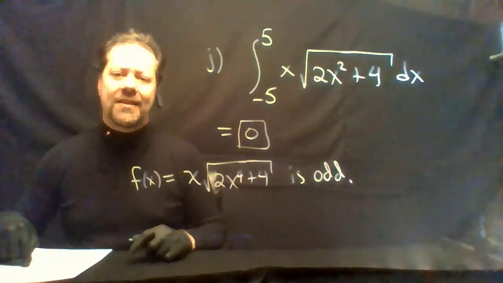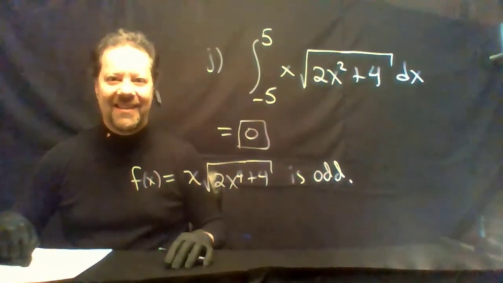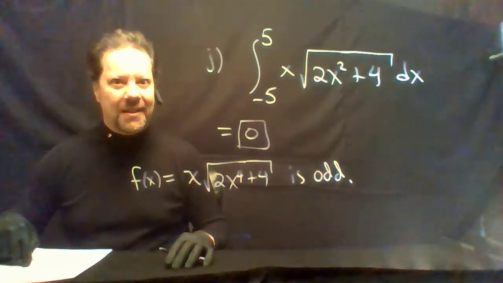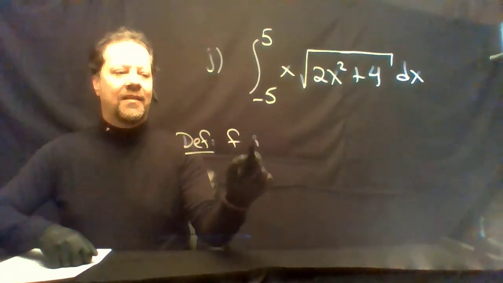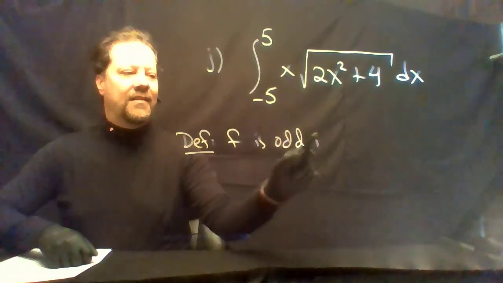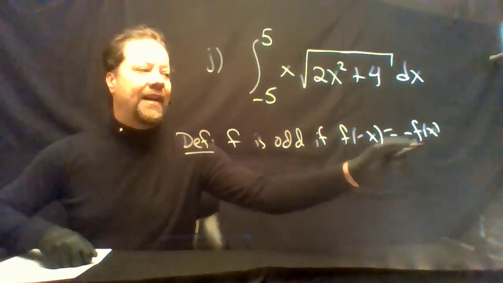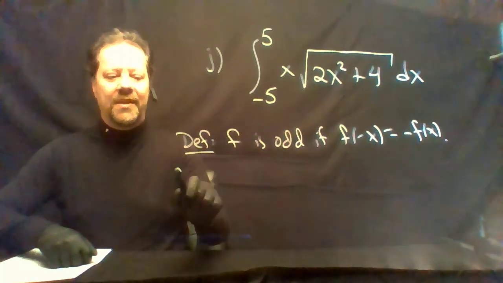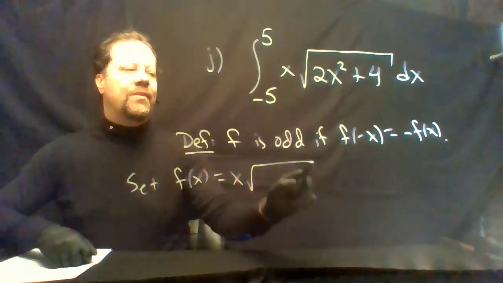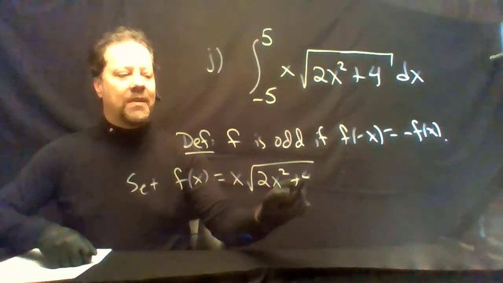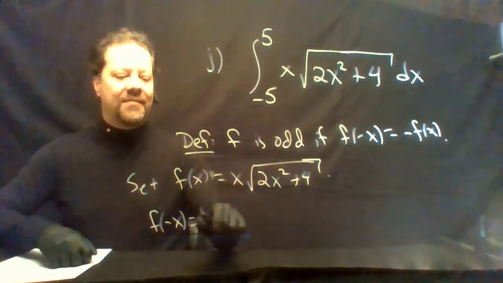How can you identify this as odd? You need to know what it means for a function to be odd, and that doesn't mean that it does inappropriate things in social settings. F is odd if f of negative x equals negative f of x. That's true here. Let's set f of x to be x times the square root of 2x squared plus 4, and calculate f of negative x.